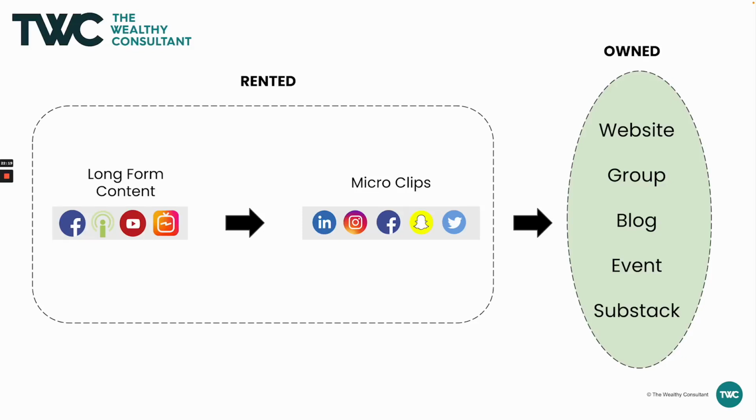So if you want to start building your YouTube base, you could be posting micro clips across the other platforms and saying, hey, if you want to see the whole video of this, here's my channel, and you provide your link. See how that works? So you can create a flywheel effect to build audience on your social platforms, but you can also draw from the social platforms and push them over to an environment that you can control, that you can maintain and build a relationship with those people.